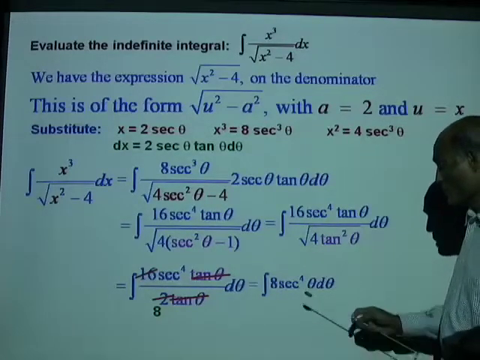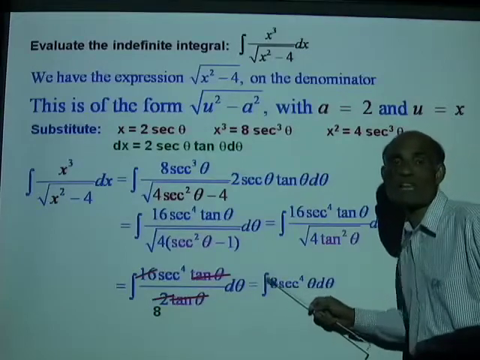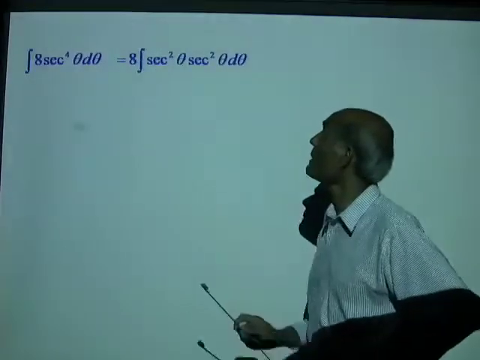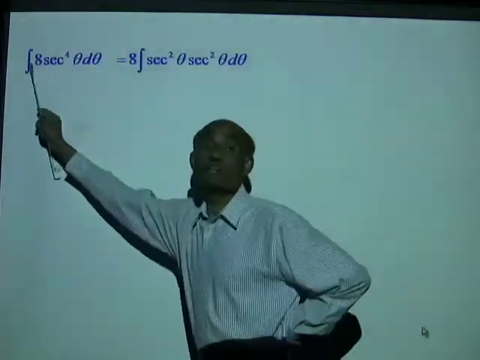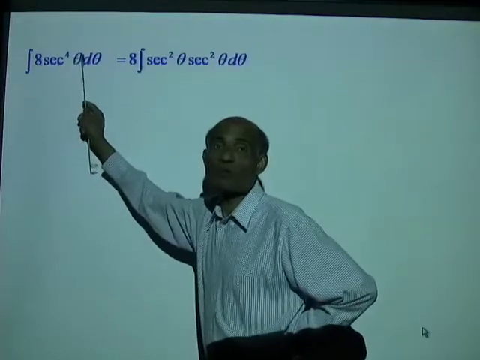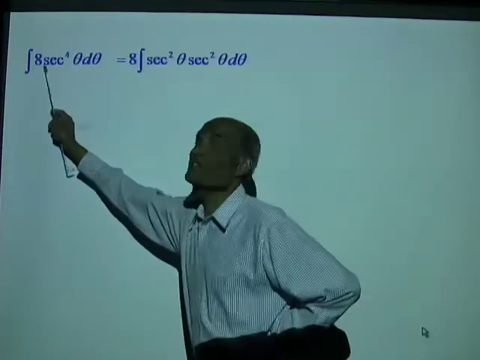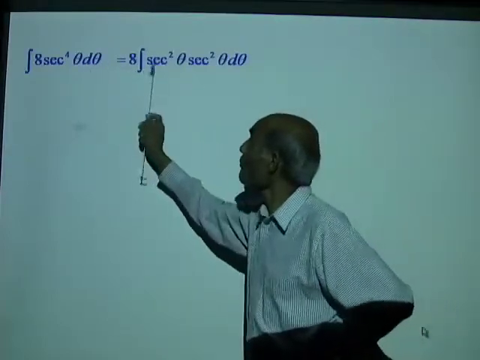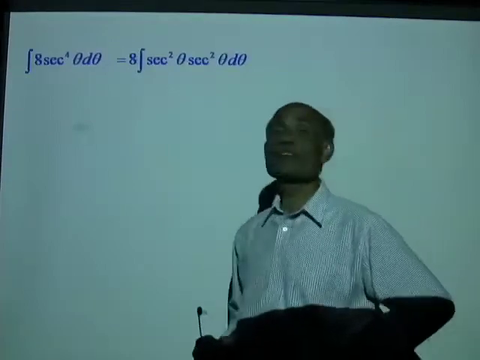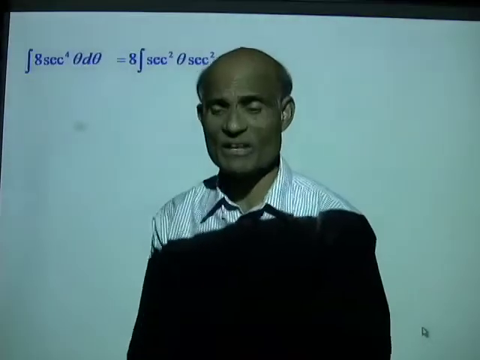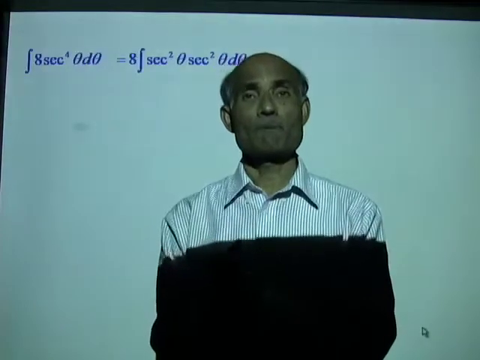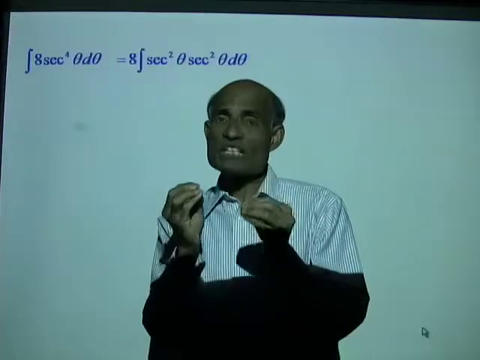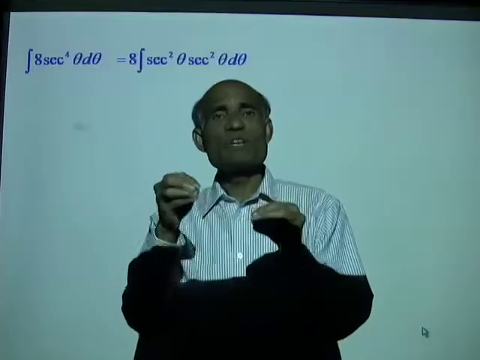Well, now the question is, how do we integrate that? 8 can come out. So we have integral 8 secant to the power of 4 theta d theta. We take the 8 outside, and split the secant to the power of 4 theta as secant squared theta times secant squared theta. Why did we do that? Well, remember, in order to integrate, say, secant something, you need to have a tan.